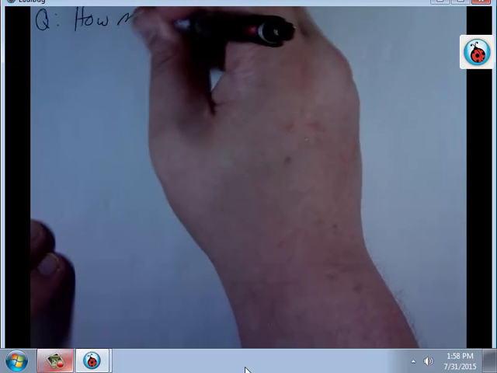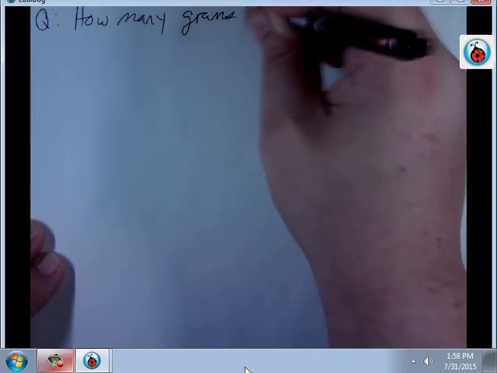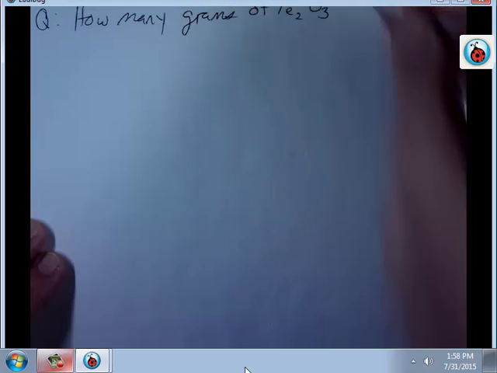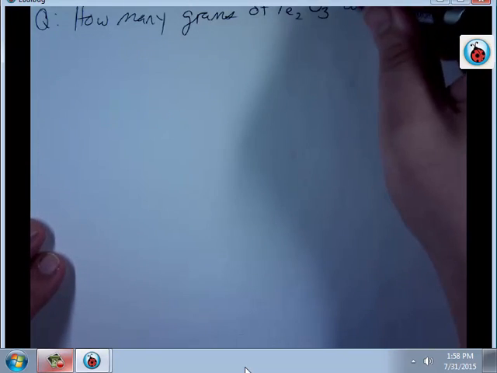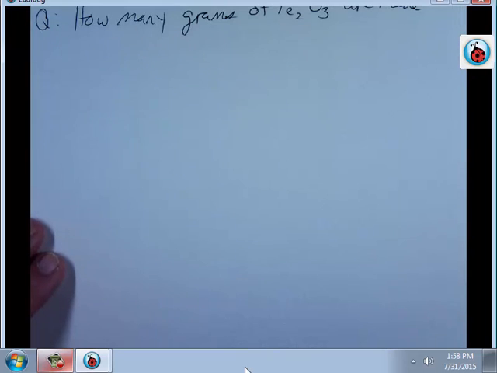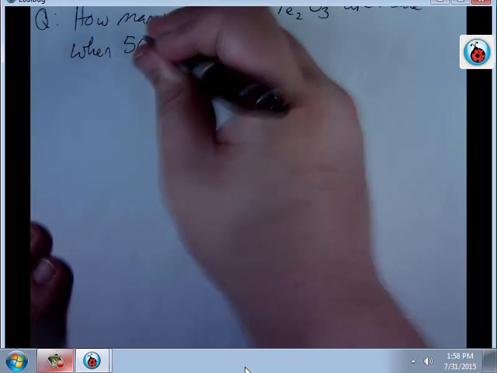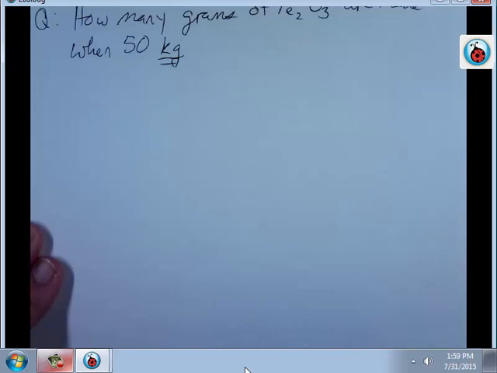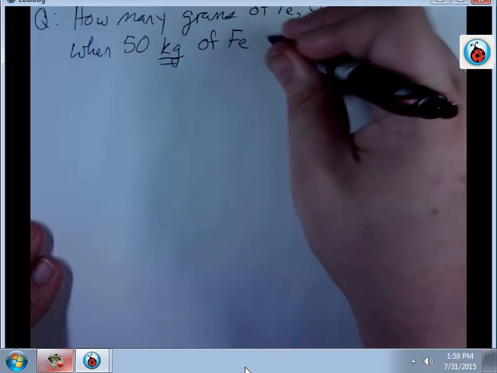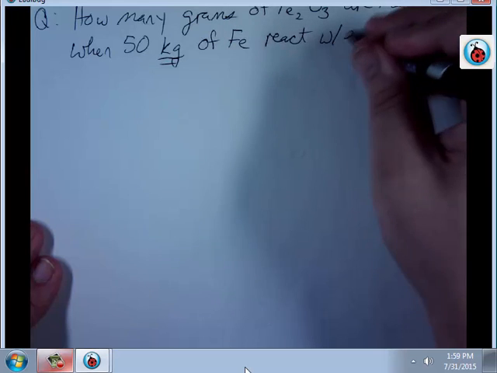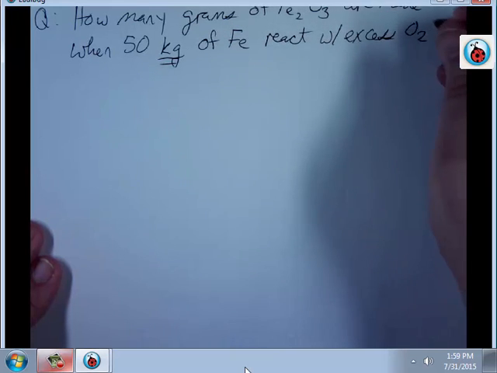How many grams of Fe2O3 are made when 50 kilograms, and I'm going to underline this now just so people can see that, 50 kilograms of iron react with excess O2.